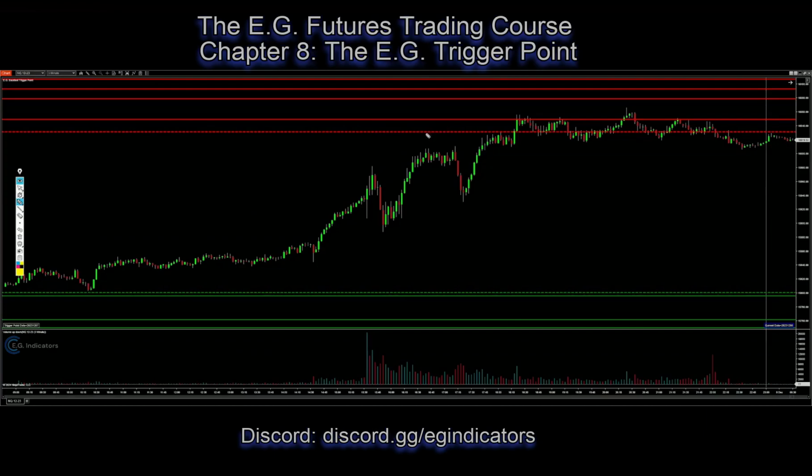Res 0 is always option number 1, high probability for a reaction, and it should be well respected most of the time.